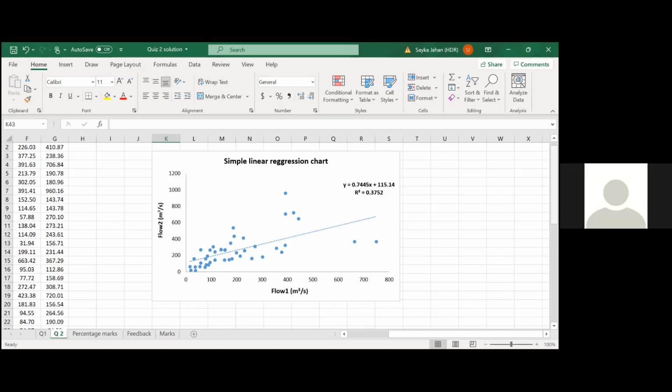The students who used the flow 2 chart for their missing value, I gave them full marks because their way of calculating is correct. Okay, that's fine.